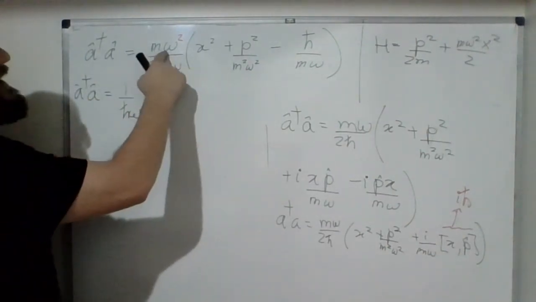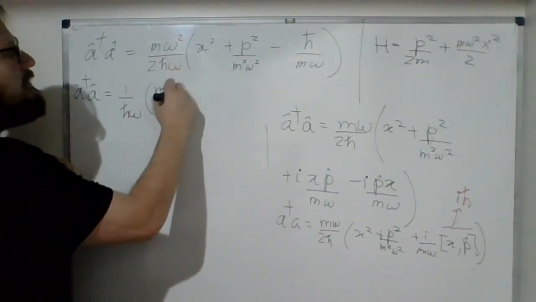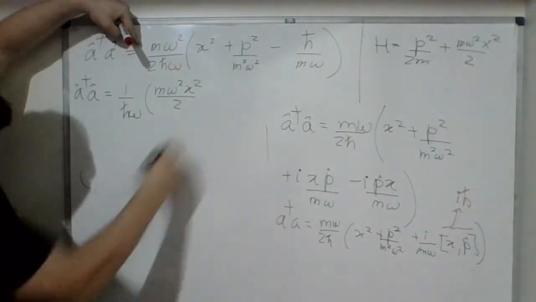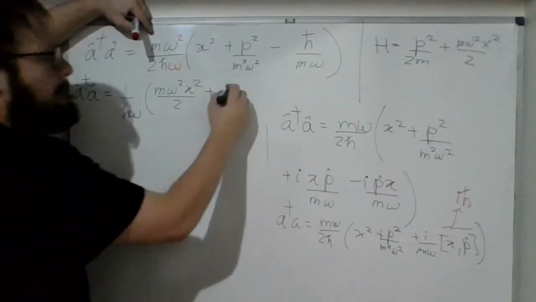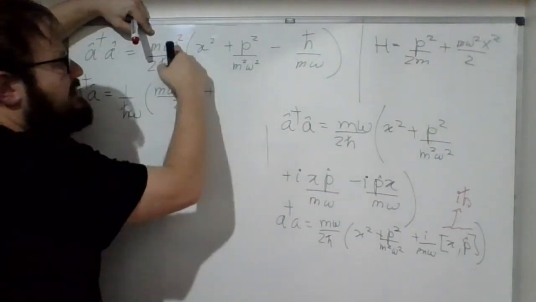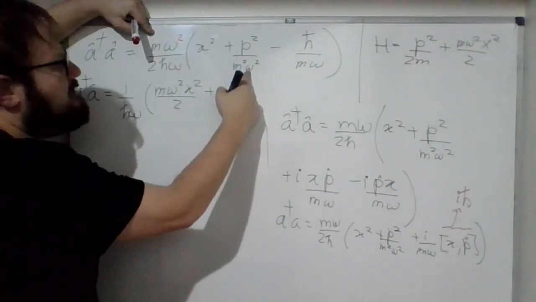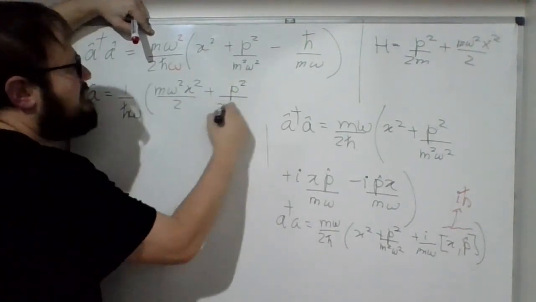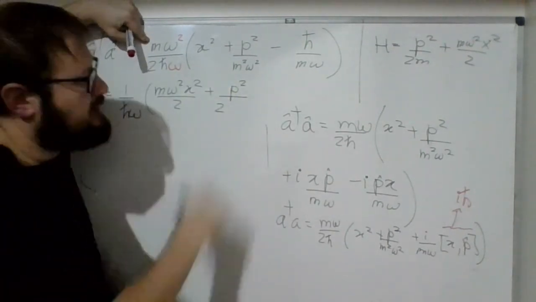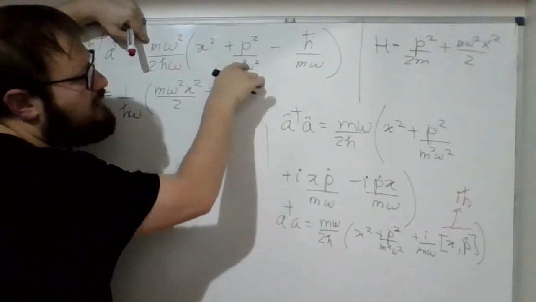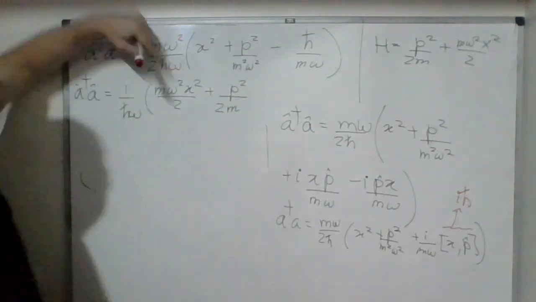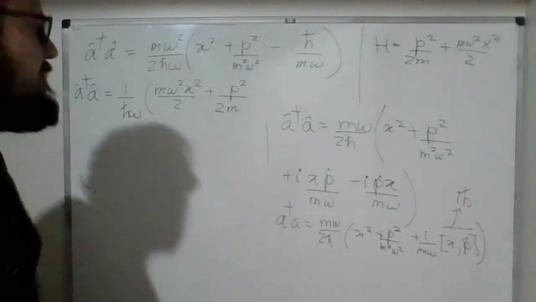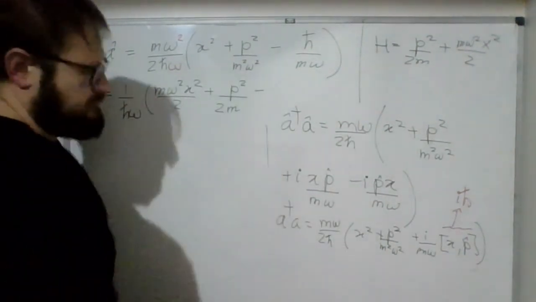So m omega squared times x squared divided by 2, all right, plus omega squared cancels out this factor, so I'll have p squared divided by twice a mass here in the numerator, cancels out one factor of mass here, so it will become divided by twice the mass, minus.